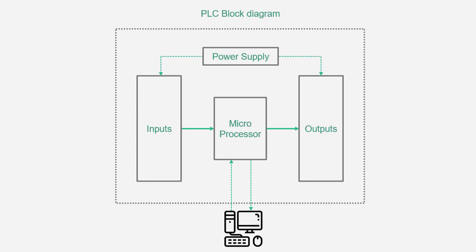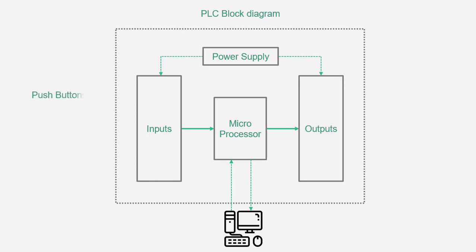By using this laptop, we can write a program or read a program. So by using this communication device, we can write a logic to our CPU or microprocessor. This is basically for communicating with the PLC.